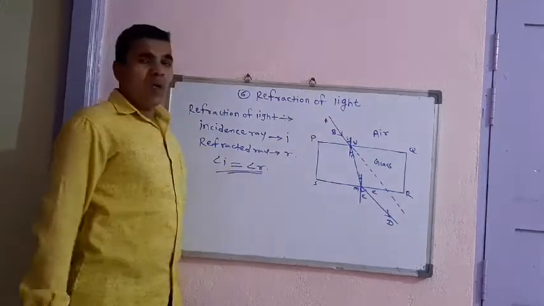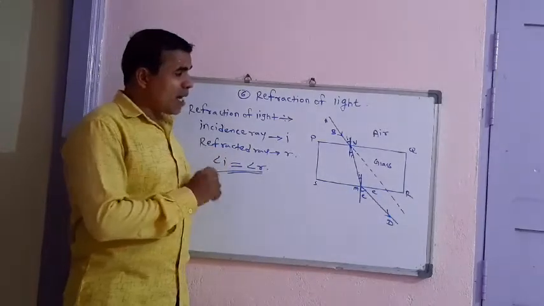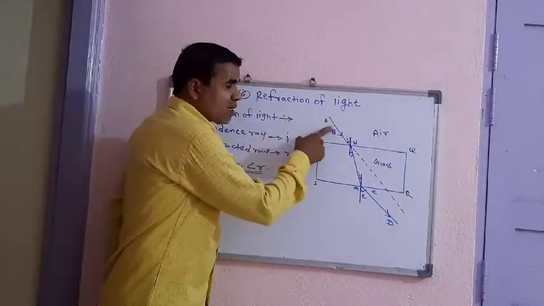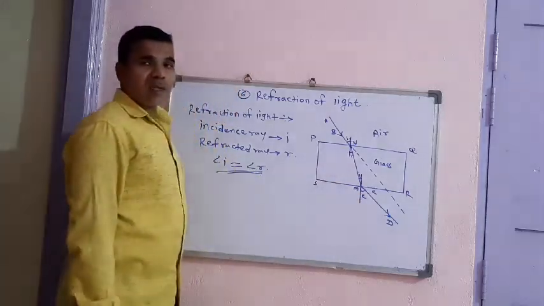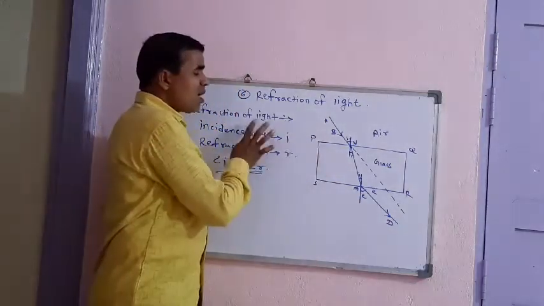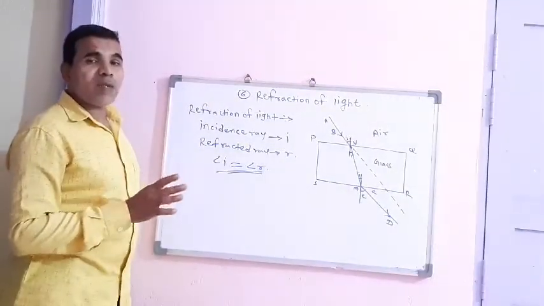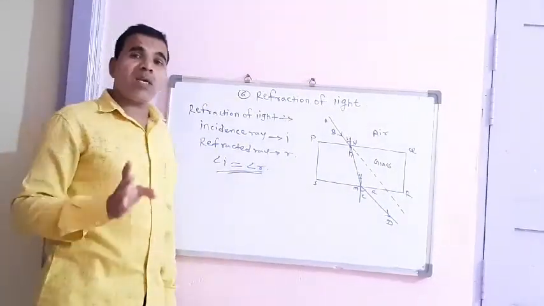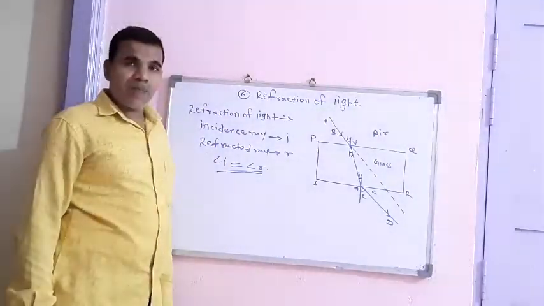From this diagram we explain that when the incident ray enters into the glass, the refracted ray transfers through the glass. So refraction of light is the change of direction of light from one transparent medium to another transparent medium.